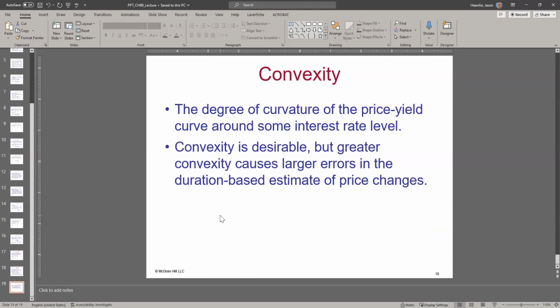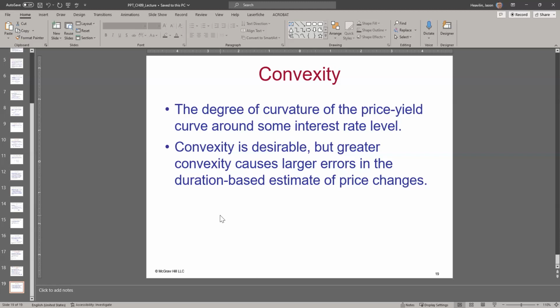Now, the convexity is the degree of curvature of the price yield curve around some interest rate levels. What we're trying to say is that you have the curve, right? The price yield curve. Now, that price yield curve is not a straight line, definitely, and it has different slopes along the curve.